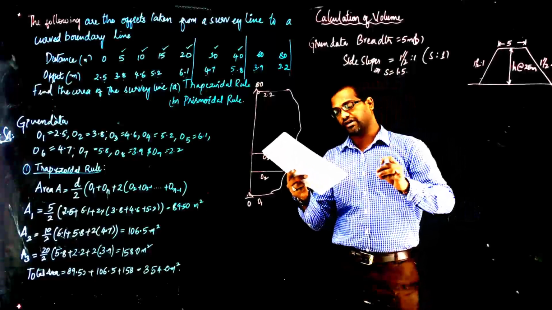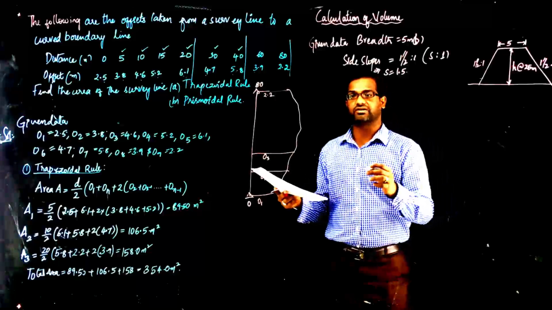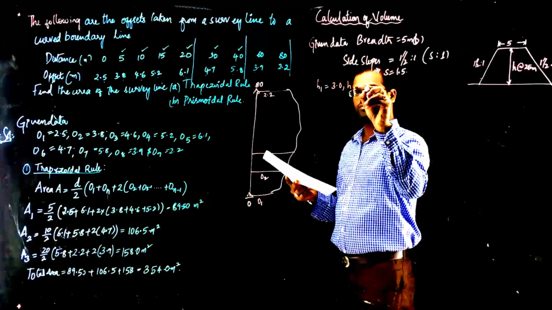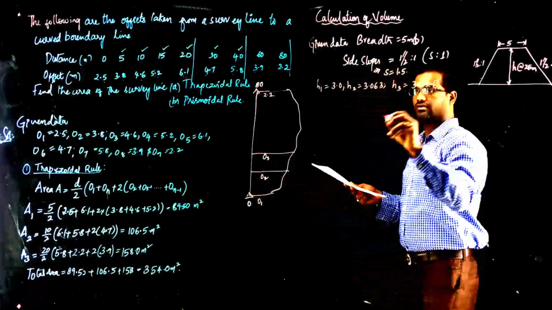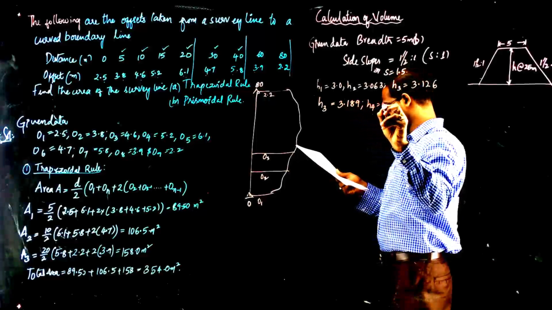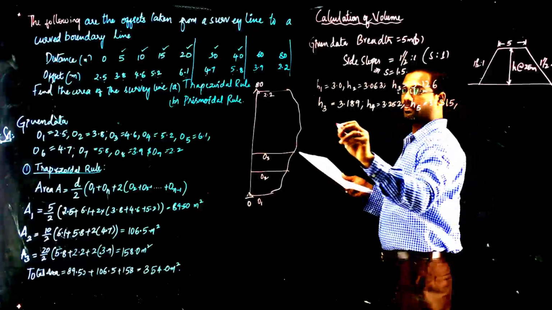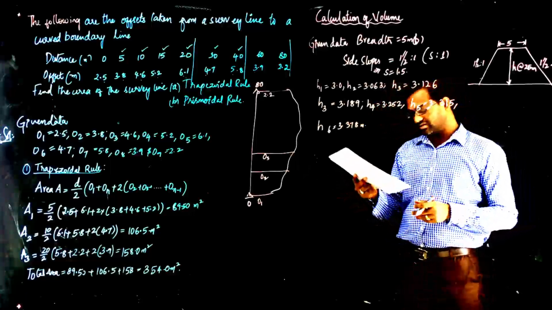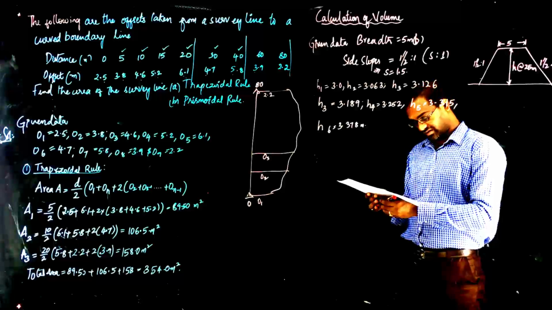The central heights in meters at 25 meters interval are 3, 3.063, 3.126, 3.189, 3.252, 3.315 and 3.378.